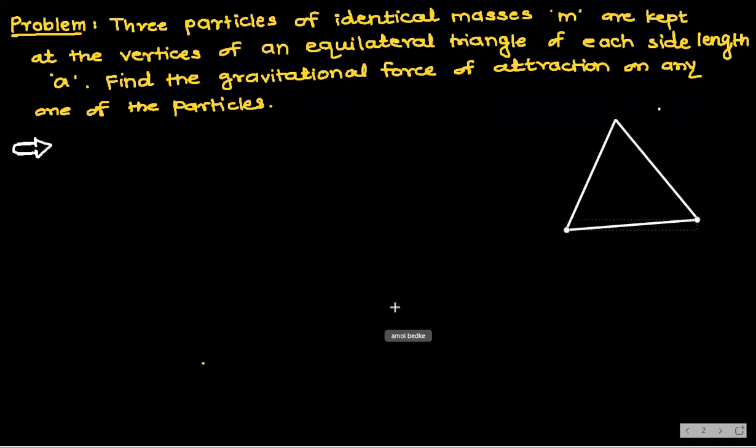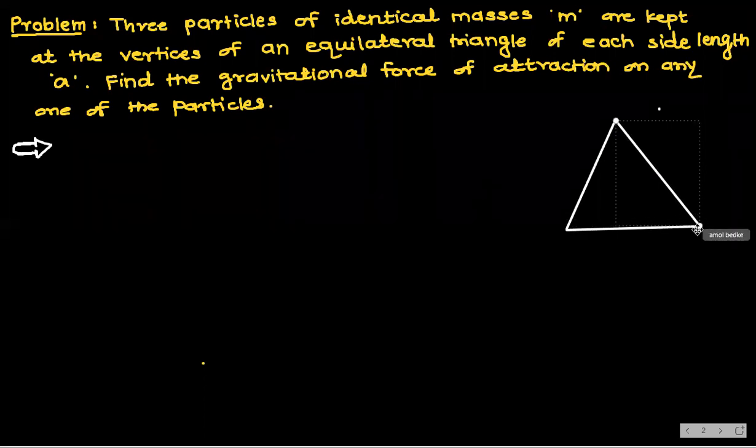We have to draw this diagram also. This is the equilateral triangle I have drawn, and now at these three vertices, we have placed three point masses.